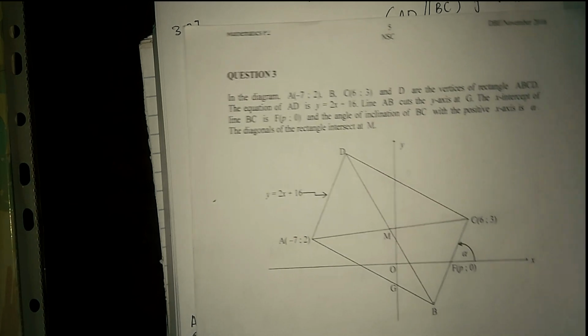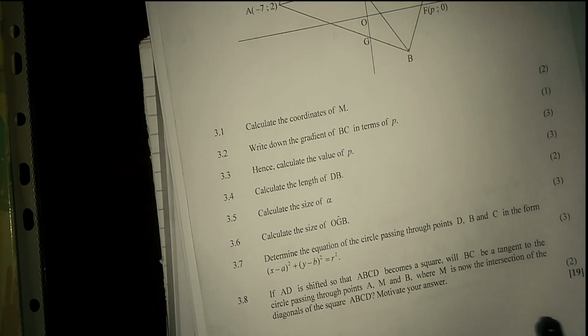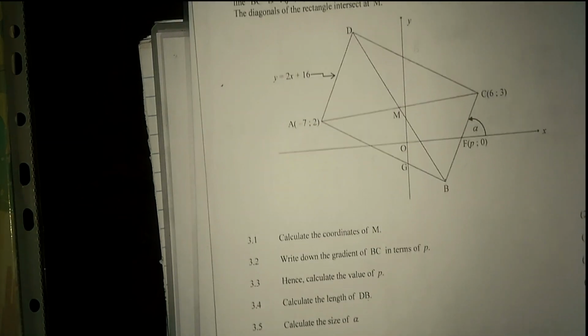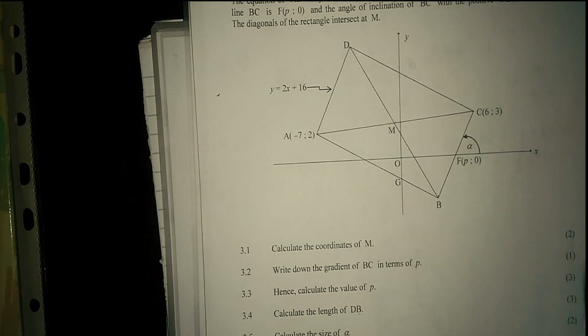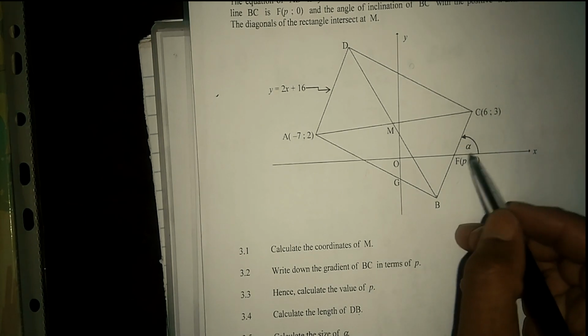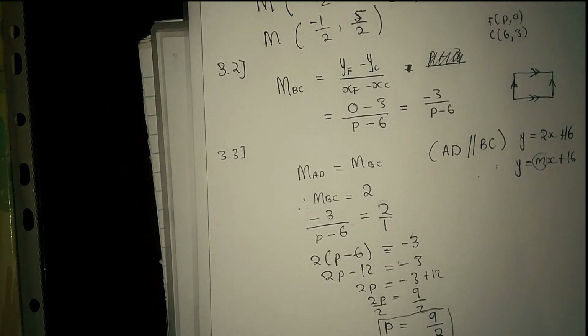Now 3.5 says calculate the size of alpha. Alpha is the angle of inclination.